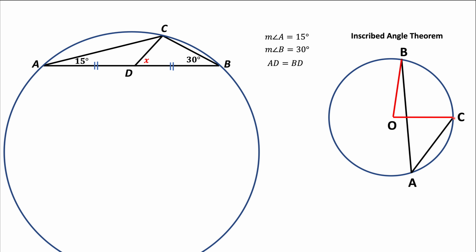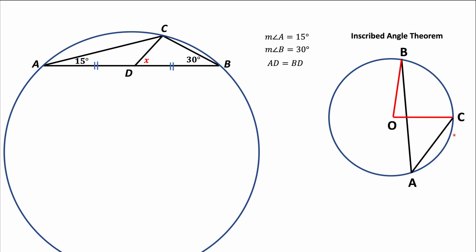Now what we're doing here is creating a red angle that also goes through points B and C, but the vertex of this angle is the center of the circle, point O. So this angle BOC is called a central angle, and angle BAC is called an inscribed angle.